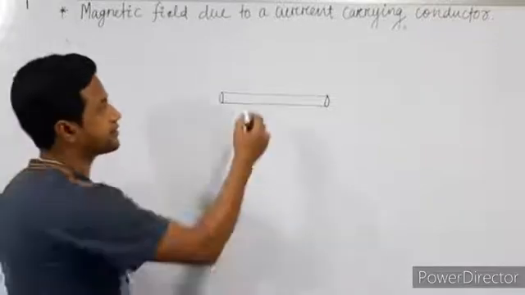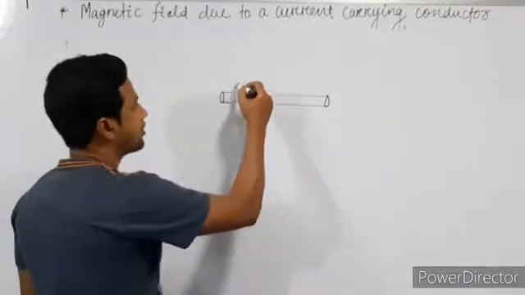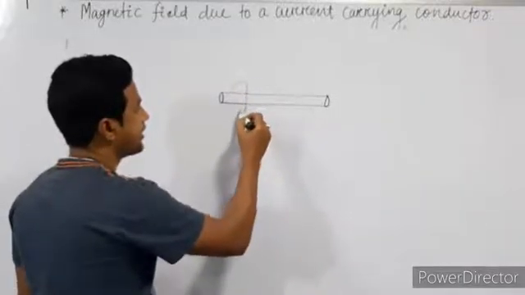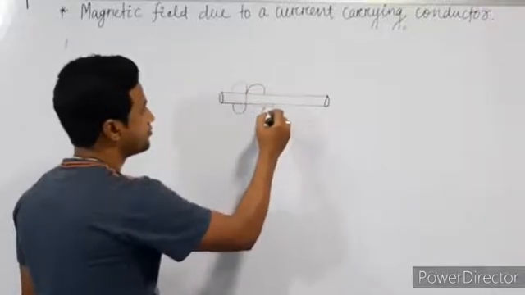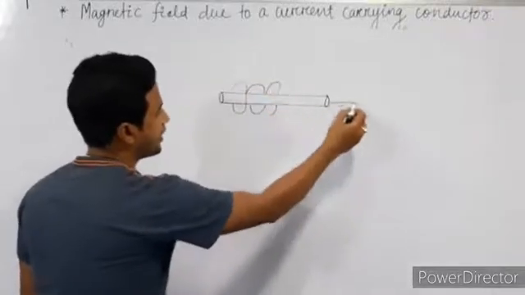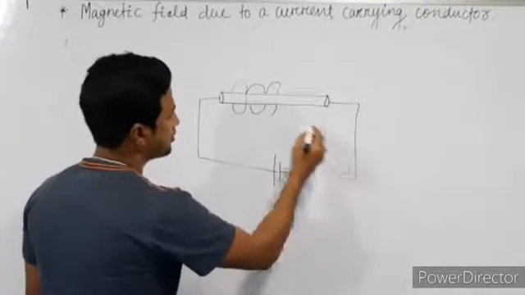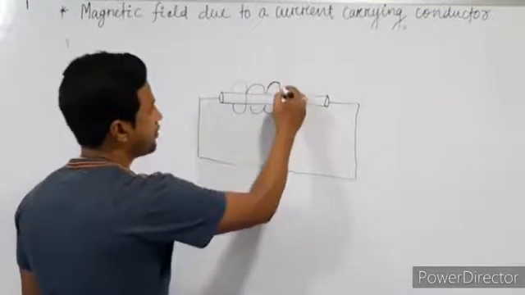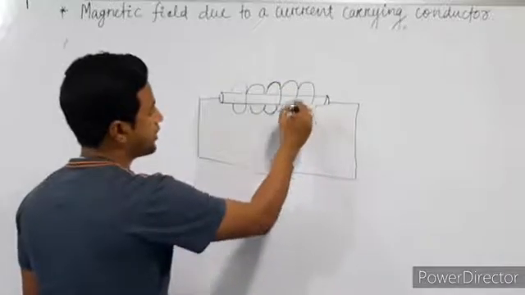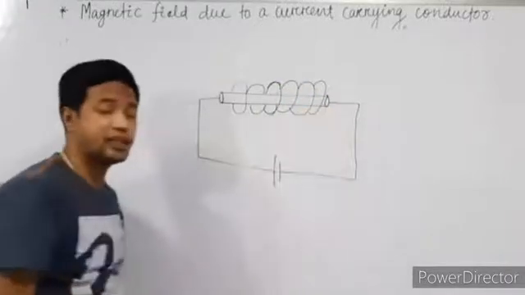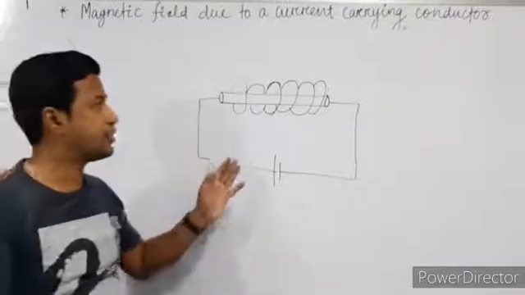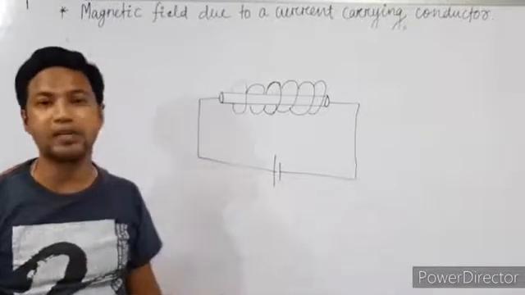So it will create a magnetic field around it. If I connect this one with some battery or a power source, it will create some magnetic field around it. So here what the shape will be, the magnetic field will be like that.